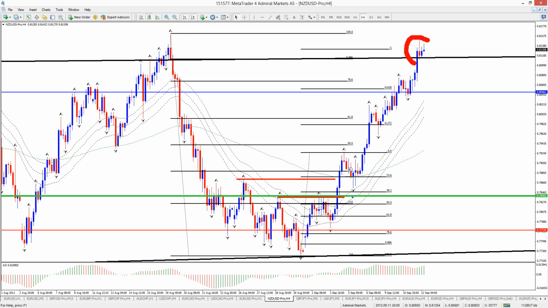Now you know that I traded the Aussie with a similar resistance level and a rejection wick that didn't work, but it could work now. It's just a bit riskier. We don't have any confirmation as yet.